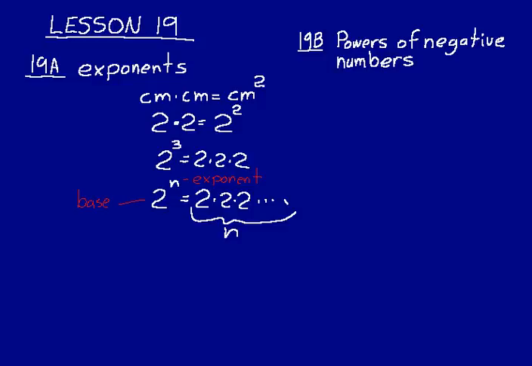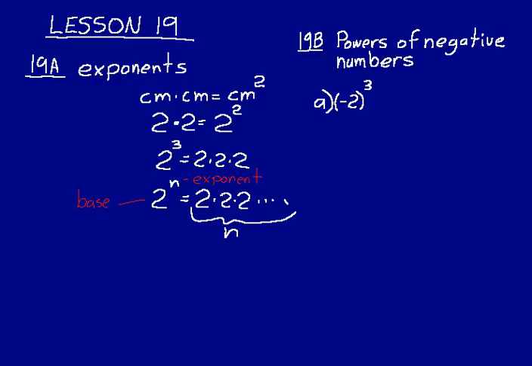Now we can apply what we know about exponents to working with negative numbers as well. And let's just do some practice problems. For example, let's do negative 2 to the third. We could call that negative 2 cubed, or we could call that negative 2 to the third power. That's usually how we talk about exponents, is to a power.